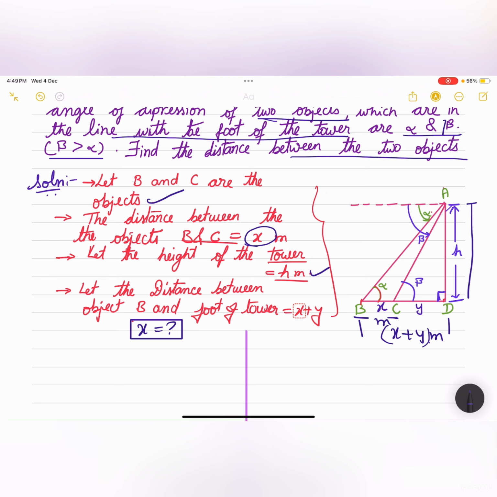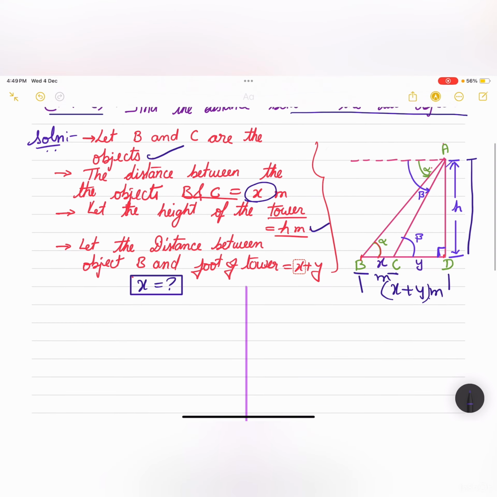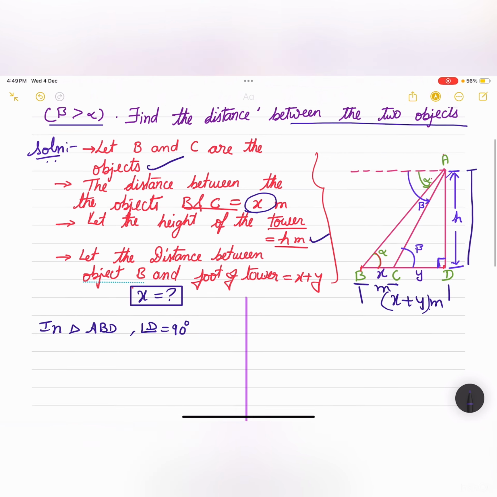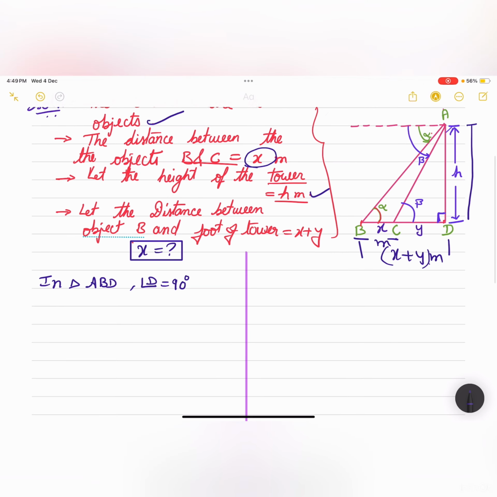Let us start. We have two triangles here. Let us start with the first triangle, triangle ABD. In triangle ABD, angle D is equal to 90 degrees, since the tower is making the angle with the ground. Now we have the opposite and adjacent.